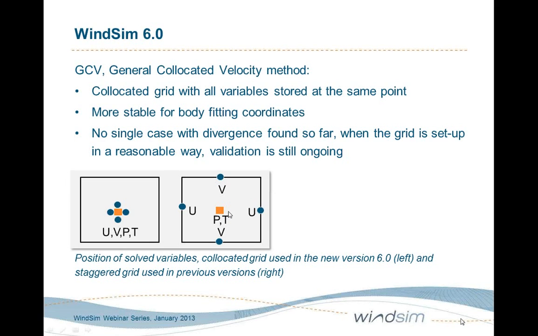The scalar variables are not on the same point as the vector variables, and this leads to instabilities. In the new gridding method on the left-hand side, everything is within 1 point, which makes the simulation much more robust. So far we haven't found a single case with divergence when the grid is set up in a reasonable way. The validation is still ongoing.